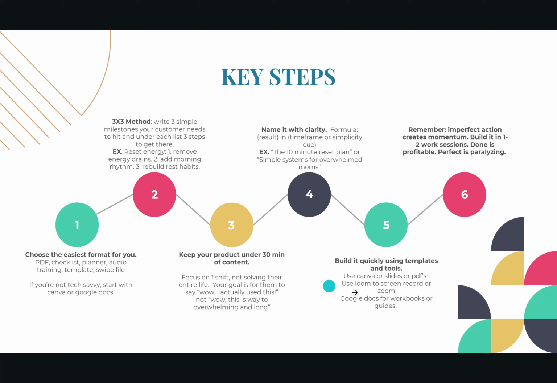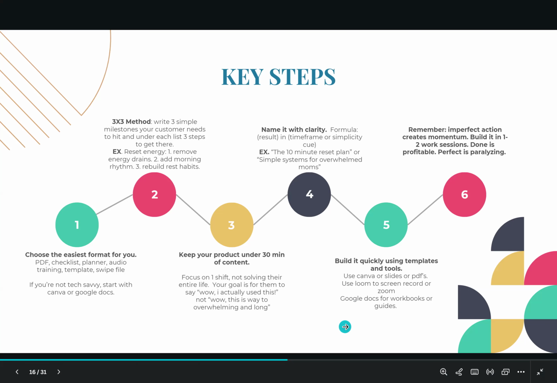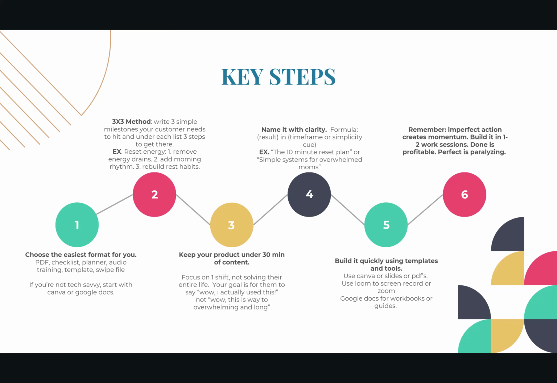All right, step 5, you're going to build it quickly using templates and tools. So it doesn't need to take you a month or 6 weeks or 6 months to create your digital product. You're going to do it with templates and tools using Canva, either the free or the paid version. In Canva, you can create slides or PDFs.